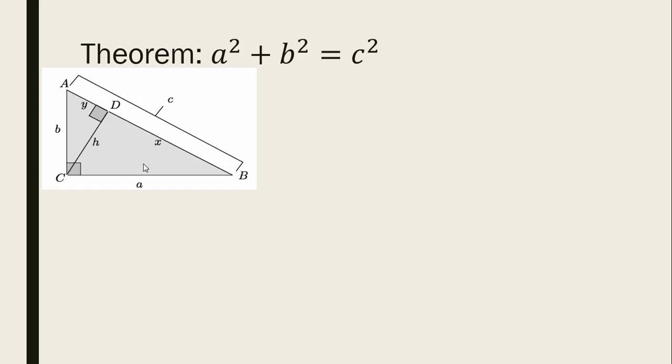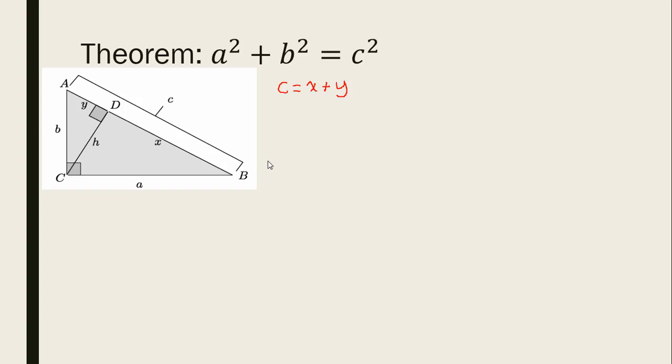So all the triangles are congruent to one another, and we're going to use that in the proof. I also want to note that C here is just the same as this leg x plus this leg over here y. So C is equal to x plus y.